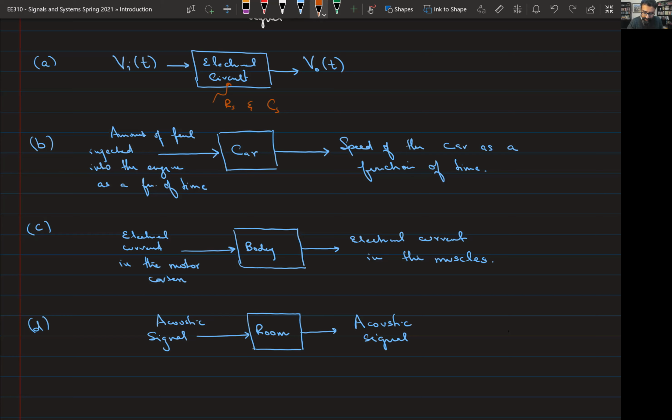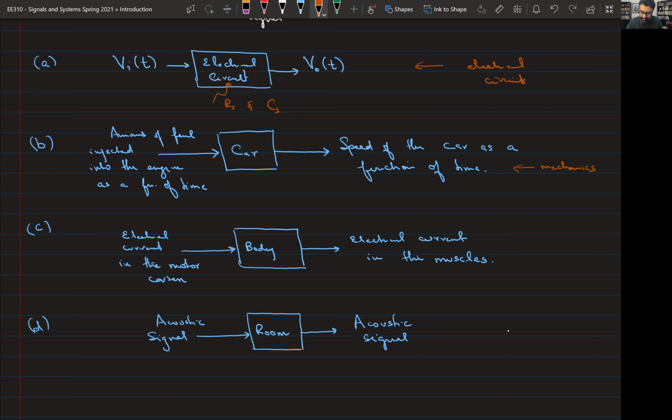So this would be electrical circuits. If there's an electrical circuit, the relationship between the input and the output is going to depend on some circuit theory and some specific knowledge of the circuits. Here, there's some mechanics involved, or automobile engineering, if you will, and so on and so forth.